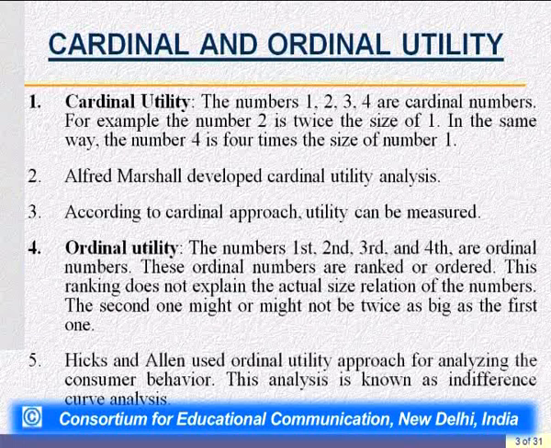He condemns that the cardinal approach is not very appropriate. Why? He suggested that we can't measure utility in numeric figures. Alfred Marshall gives a particular unit for measurement of utility called util, but Hicks and Allen condemn this approach, and he suggested that in practical behavior, we can't measure satisfaction and utility.